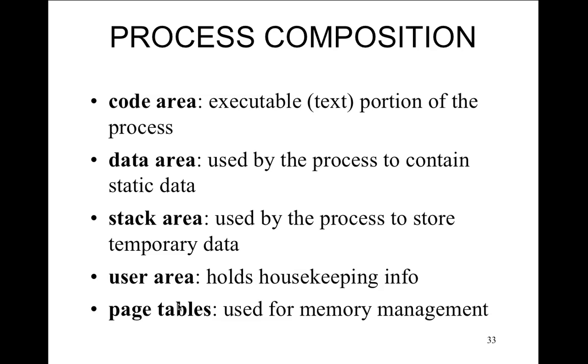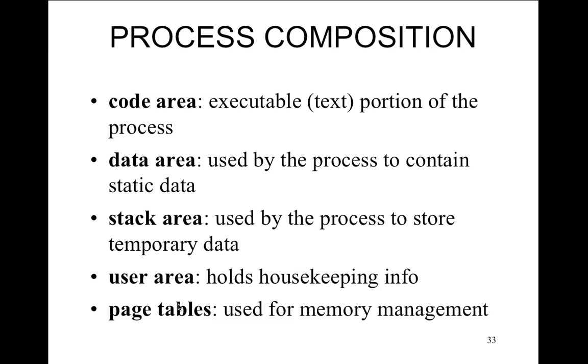So when we double click on something to start a new process, run a program, the first thing that happens is it opens up process space, and the process space is divided into different areas. The process space is memory allocated to code, which is the executable text portion of the process. So it's the instructions that are going to be running. The data area is used to process certain static data.